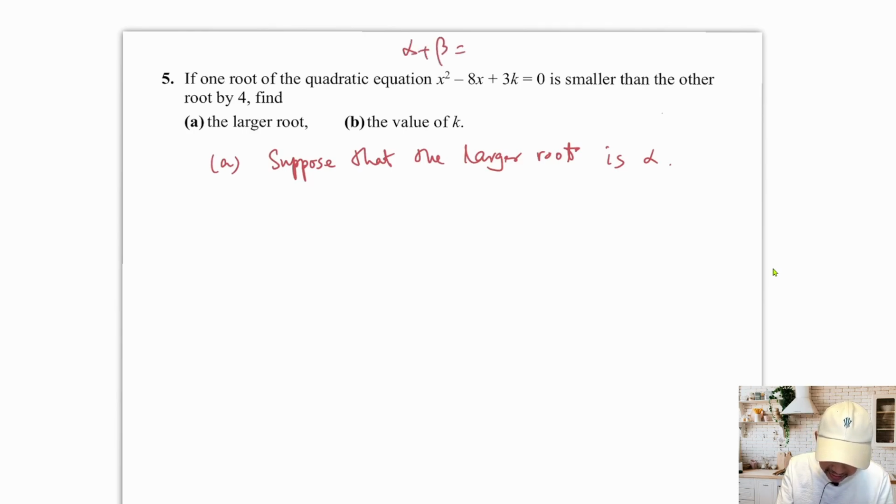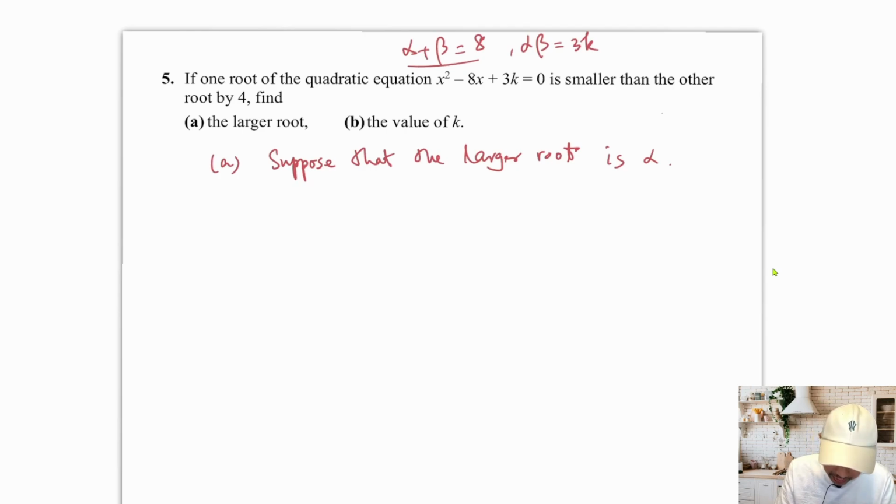Alpha plus beta is 8, and alpha beta is equal to 3k. Okay, we should use the first one, because if you use the first one, we have only one unknown, that's alpha. If you use the second, there will be two unknowns, alpha and k.